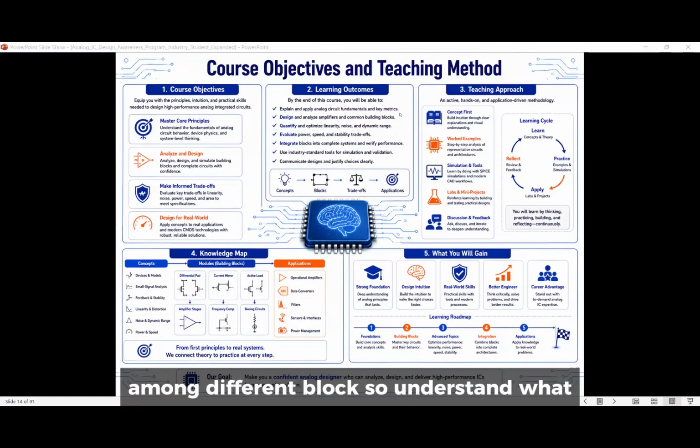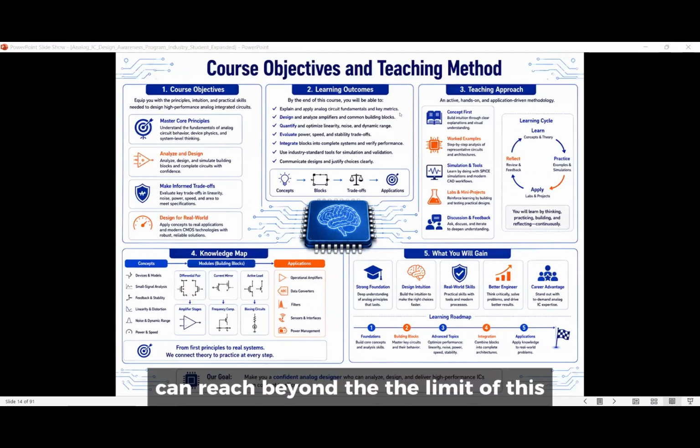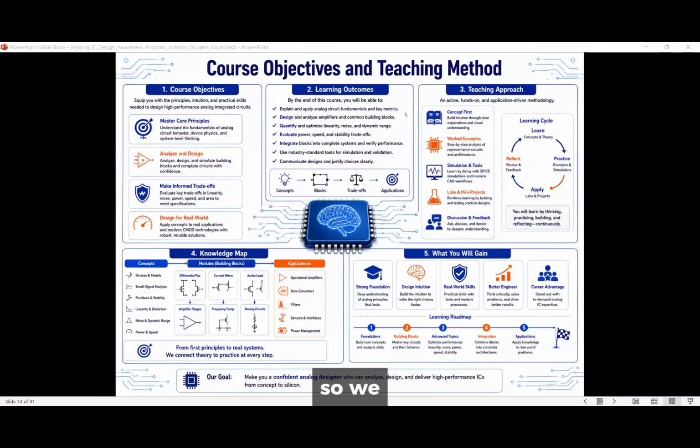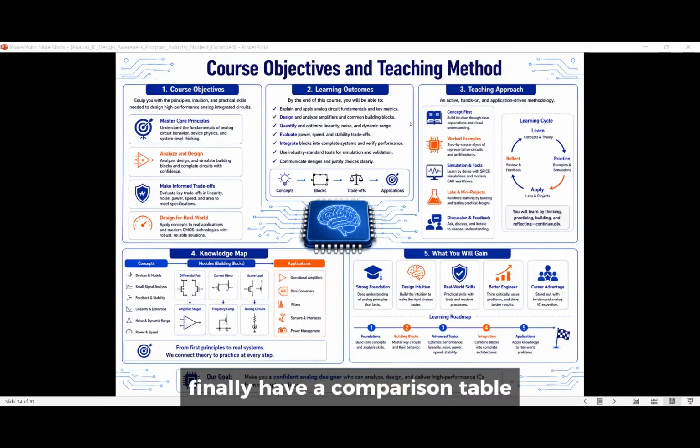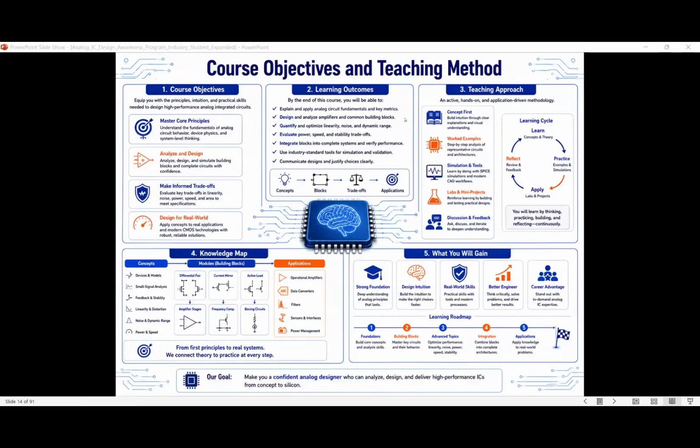So understand the respective limit of each amplifier, and why another topology can reach beyond the limit of the current one, but the other configuration also has its own issues. So we finally have a comparison table to summarize the performance metrics between different amplifiers and building blocks.